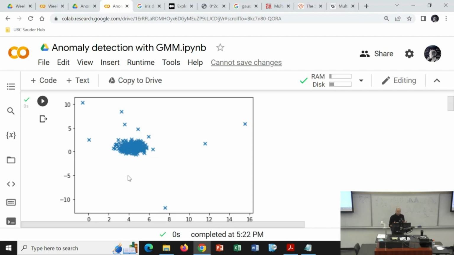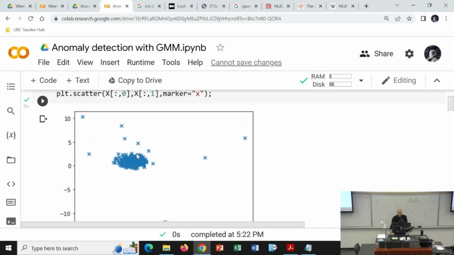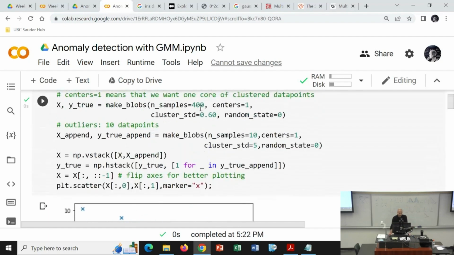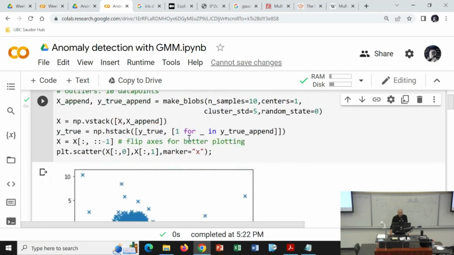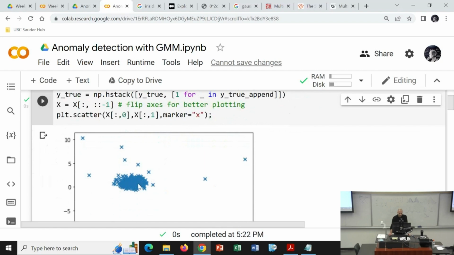But in the application, we have some data. It is high dimensional, so we cannot plot it. That's why we need the machine to be able to separate the outliers from the rest of the data. Here, exactly 400 of them are generated with a small standard deviation. That's why they are all populated here.